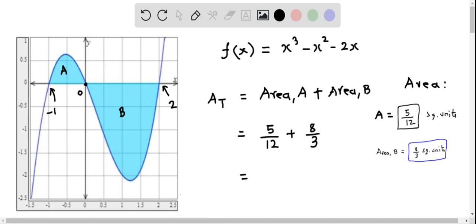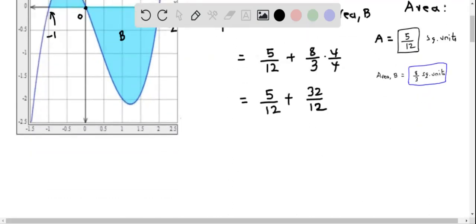Let's simplify this fraction. We put this 5 twelfths, and the common denominator is 12. So this fraction has to be multiplied and divided by 4. So 8 times 4 is 32, and 3 times 4 is 12. So we get these two fractions. Let's add these two fractions now because we have the common denominator 12.